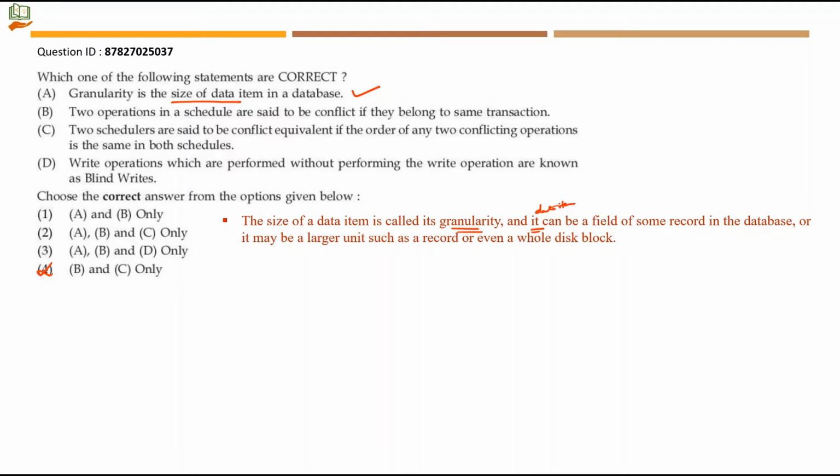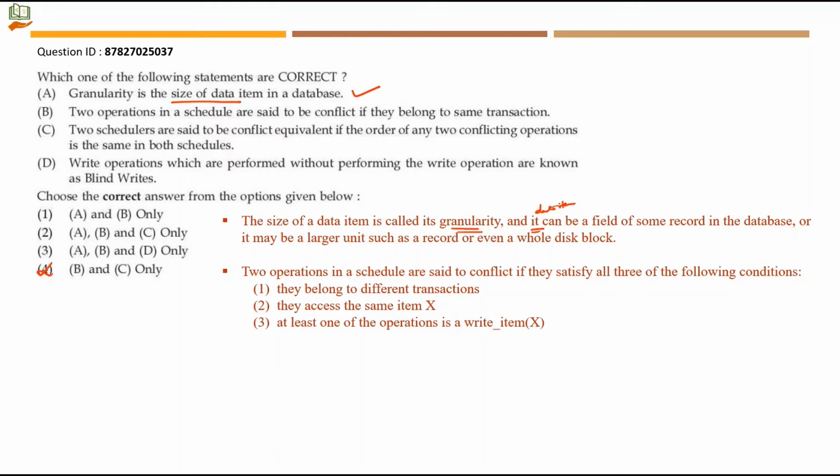Next statement, 2 operations in a schedule are said to be in conflict if they belong to the same transaction. 2 operations in a schedule are said to be in conflict if they satisfy all 3 of the following conditions. What are the conditions? They have to belong to different transactions.